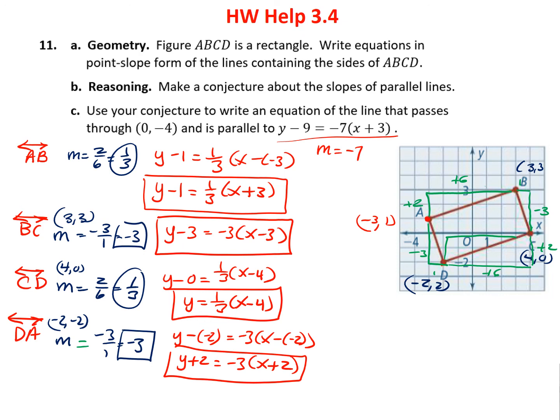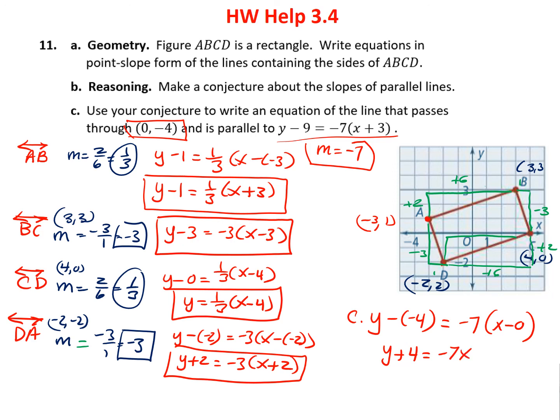So I'm going to use this point and this slope. My equation would be y minus 4 equals minus 7 times x minus 0. Or I could write it as y plus 4 equals minus 7x, and that's 0. That would be my answer for part C.